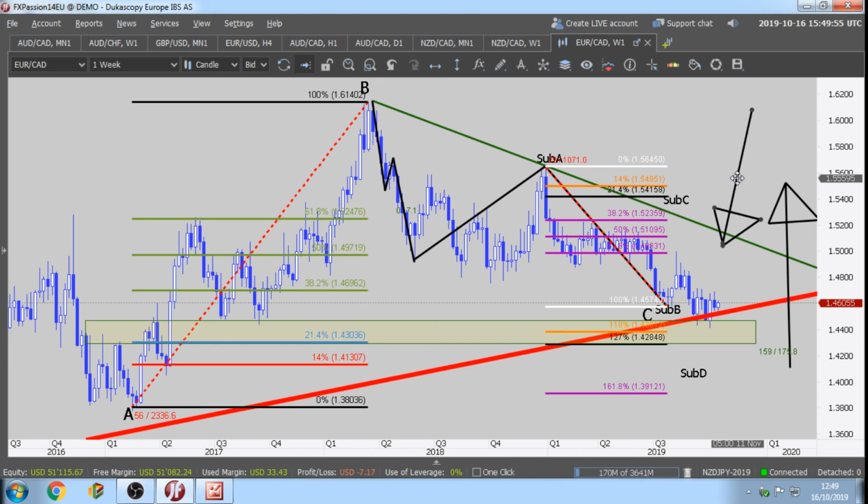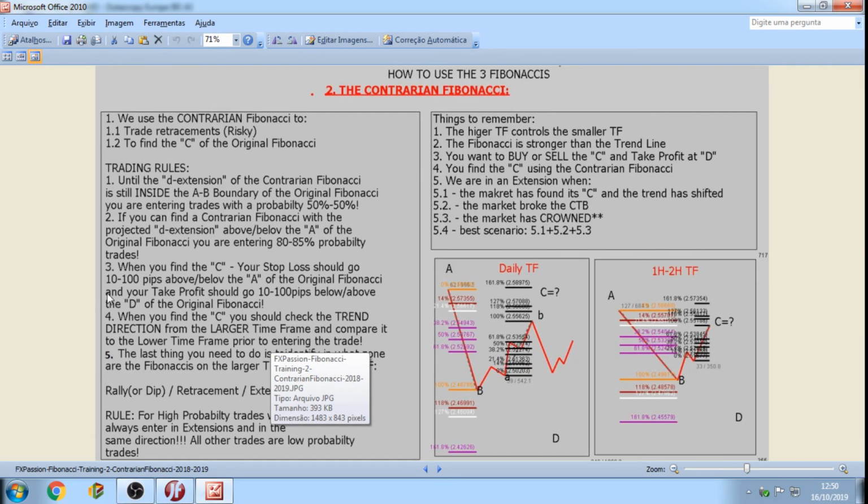We don't have a confirmed C yet to the original Fibonacci. Yes, we don't have. Fibonacci and trend line both are up. Original Fibonacci, which is long. The trend starts from sub A, sub B. I'm not sure if we clarified to you, but I think that we did.